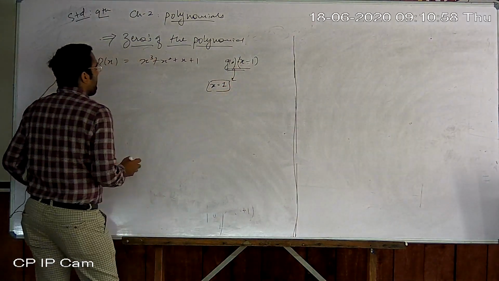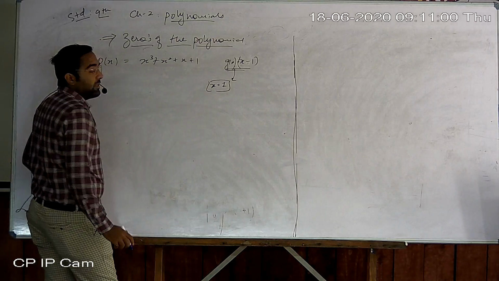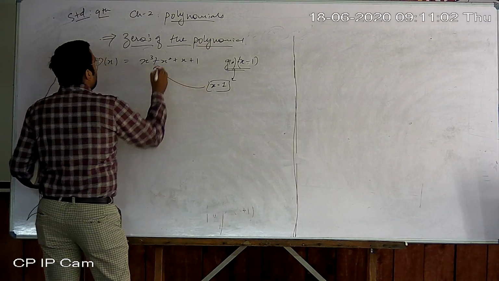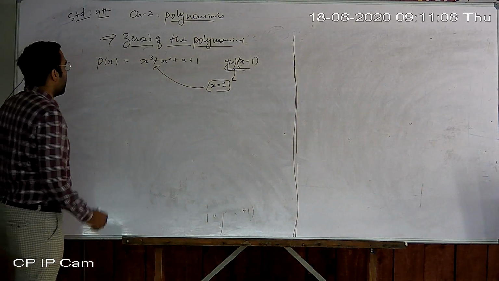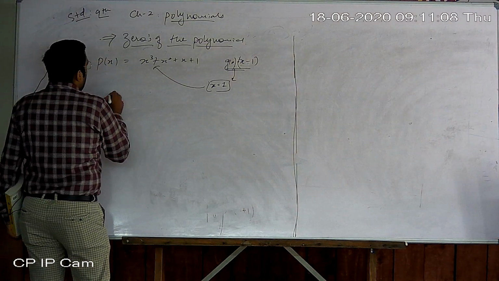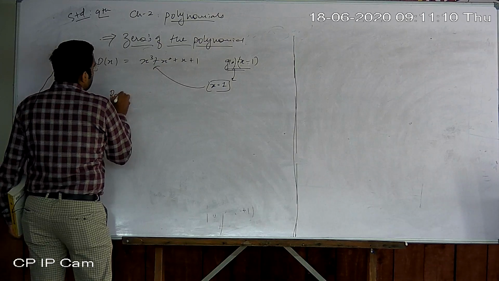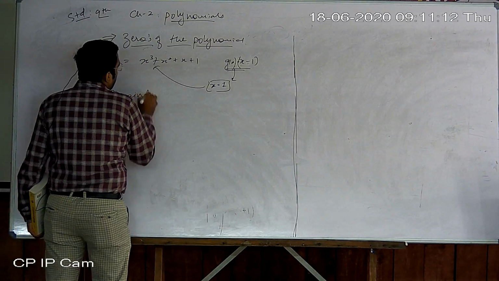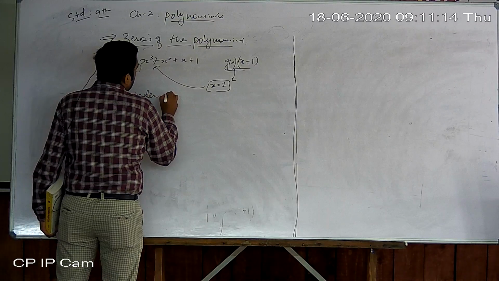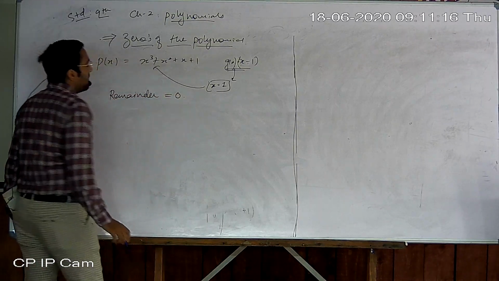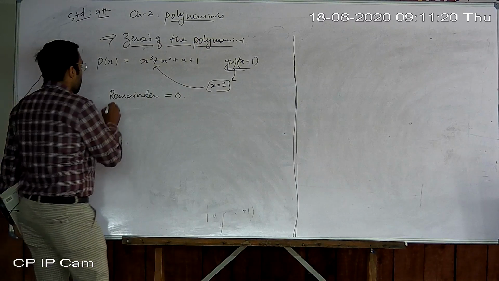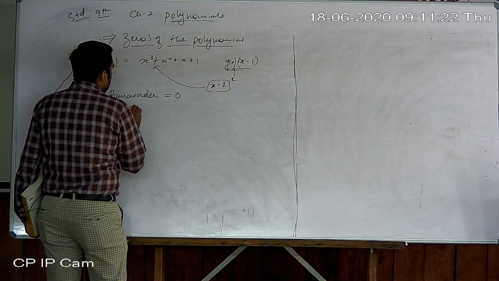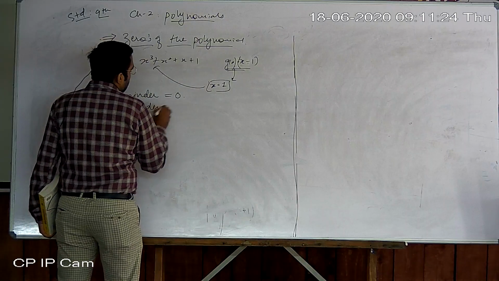Now when we take the value from the g of x and put it into the p of x, then we find that the remainder is equal to 0, or we find that the remainder is not equal to 0.